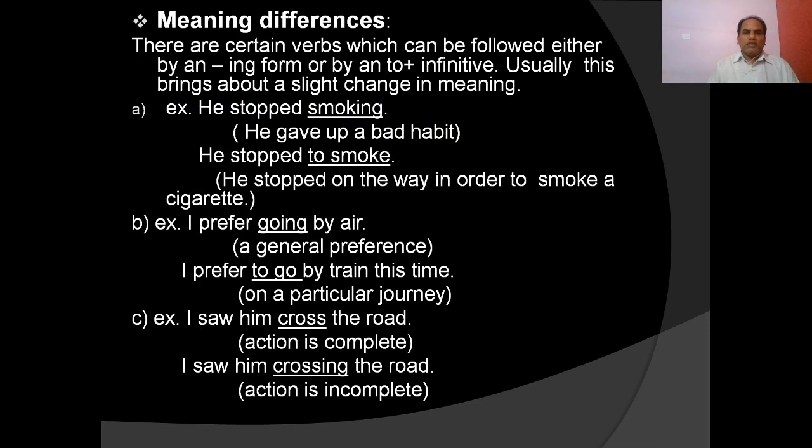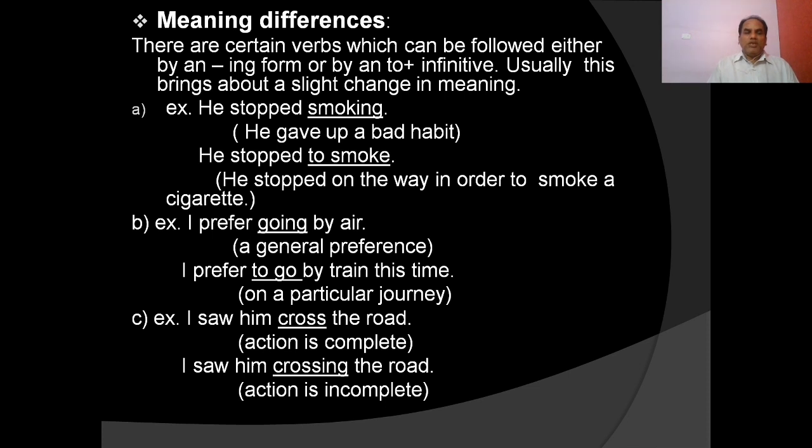So let us take some meaning differences. There are certain verbs which can be followed either by an -ing form or by a to-infinitive. Usually, this brings about a slight change in meaning. For example, he stopped smoking. He stopped to smoke. What is the difference? He stopped smoking means he had a bad habit of smoking, so he gave up that bad habit.